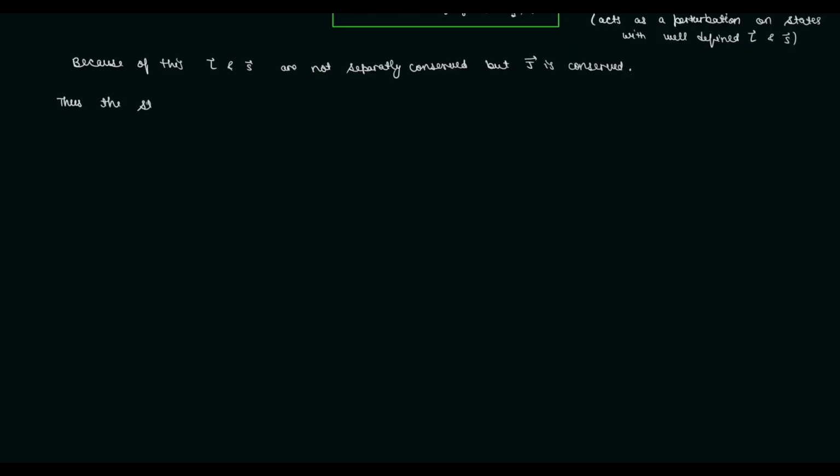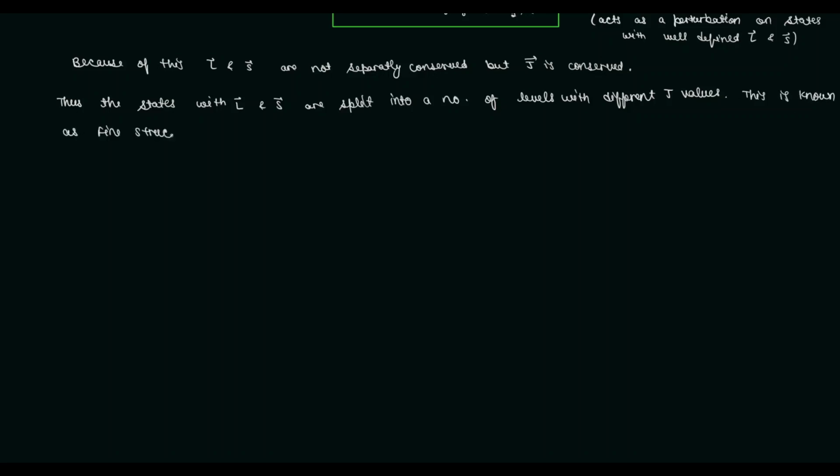Thus, the state with L and S is split into a number of levels with different J values. This is known as the fine structure. Here, J can take values from L minus S to L plus S.